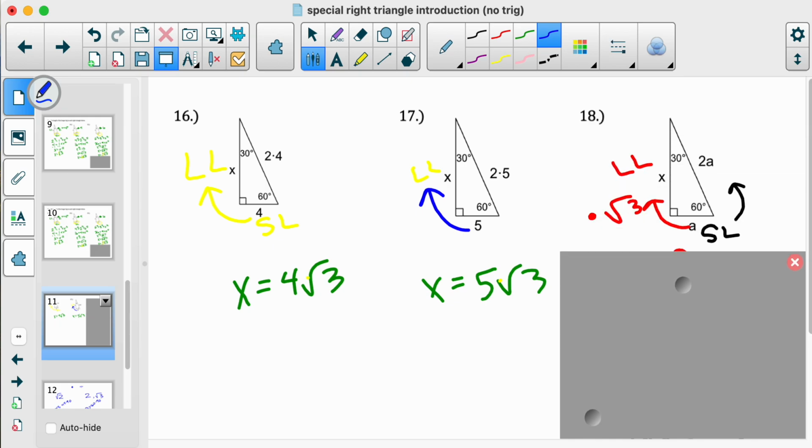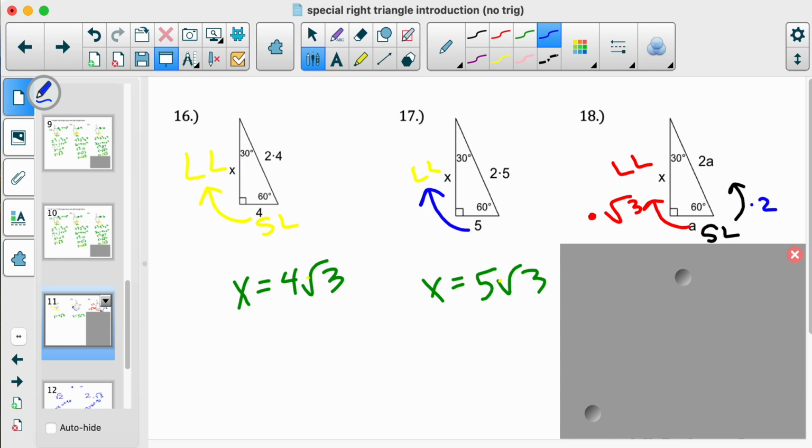So our generalization here, we've already talked about going from short leg to hypotenuse. So length of A times 2. But to go from any length of a short leg to the long leg, we're going to multiply times the square root of 3.